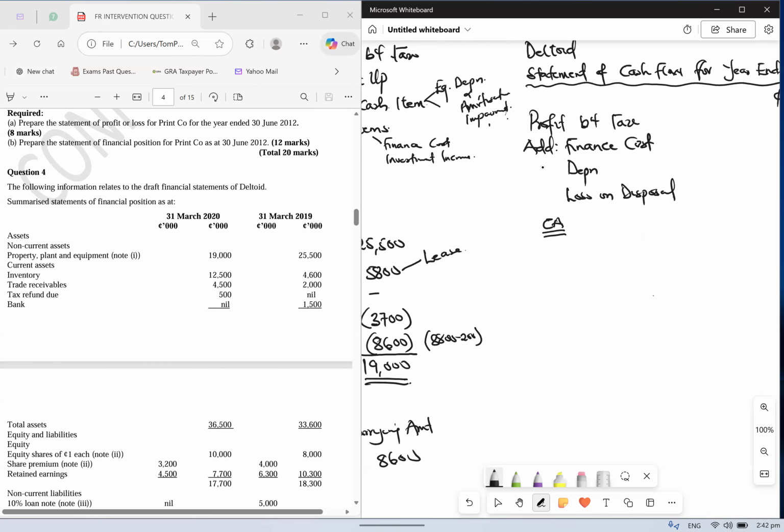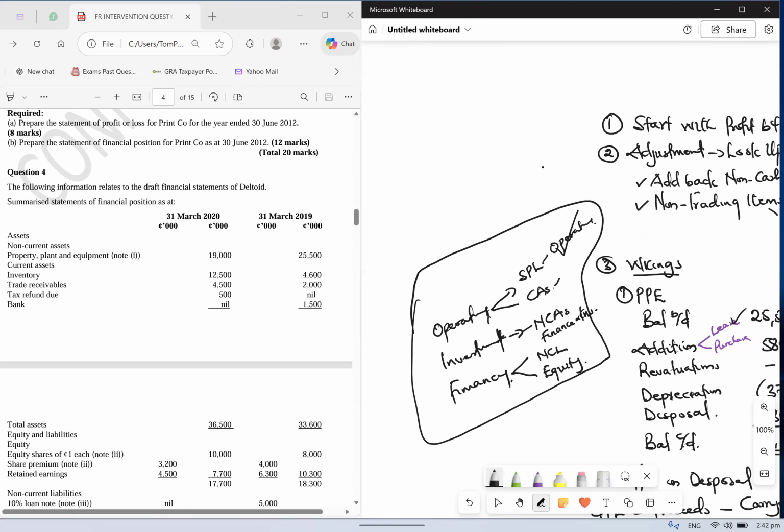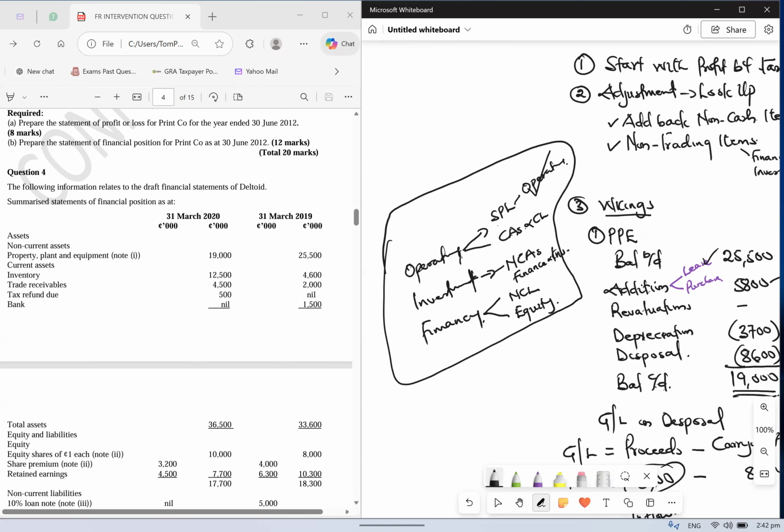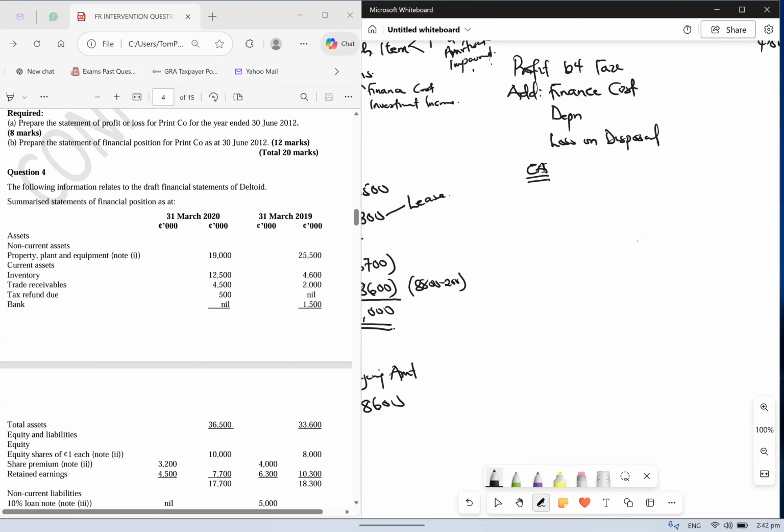Now you come to your current assets, and this is not only current assets, it is current assets and current liabilities. So if you check, your P&L ends with these ones. Now you go to your current assets. You pick the first one, inventory.